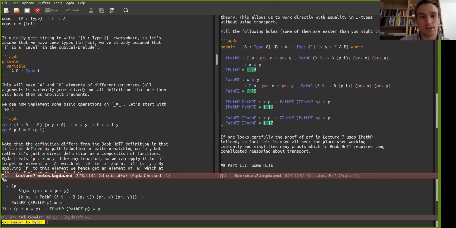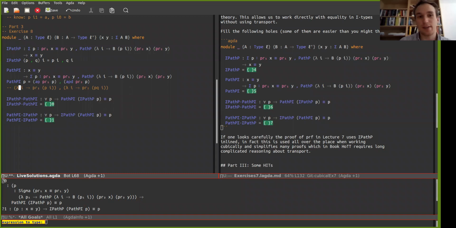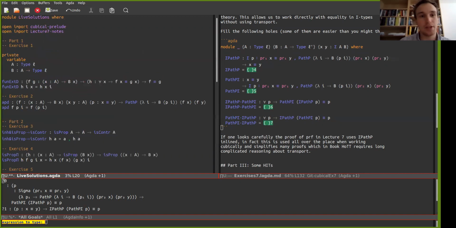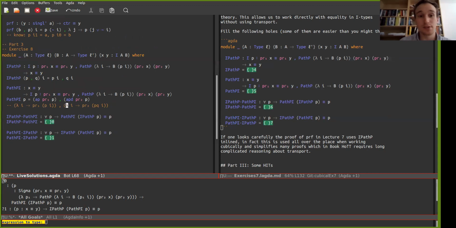So this is just eta expanding app. And similarly, when we looked at app D, we said this is just the same as app when you actually write it out. So this is also just eta expansion of this.